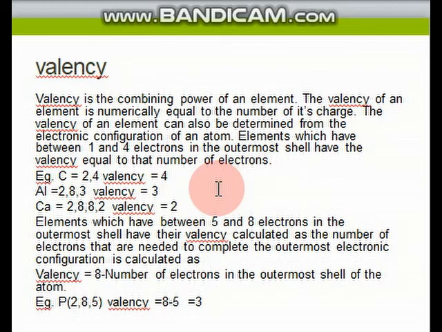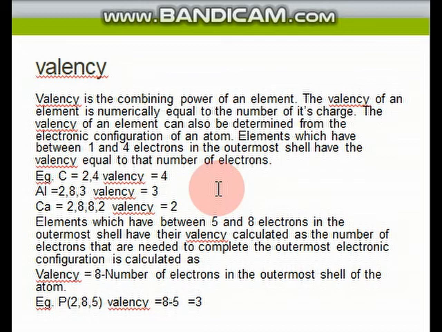Elements which have between 1 and 4 electrons in the outermost shell have the valency equal to that number of electrons. For example, we have carbon with 2 and 4, so the last shell is 4, and therefore its valency is 4. You have aluminum 2, 8, 3, the last shell is carrying 3 electrons, so its valency is 3. Calcium 2, 8, 8, 2, valency is 2.